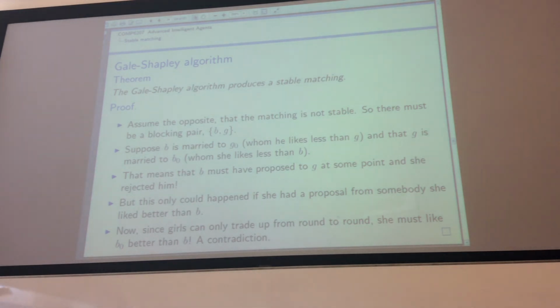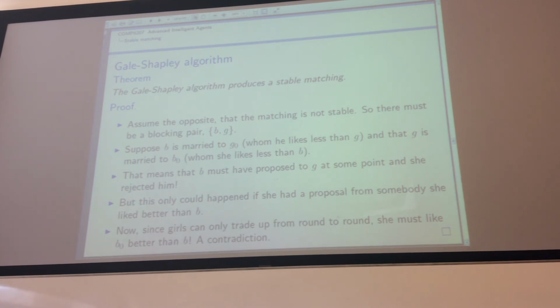If he is now married to someone else whom he likes less, then G was somewhere on the way and she rejected him, right? If she rejected him, that could only happen if she had a proposal from someone that she liked better than B. But the girls, what happened to the girls?